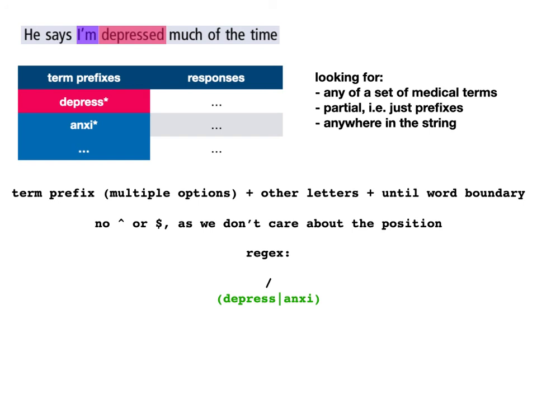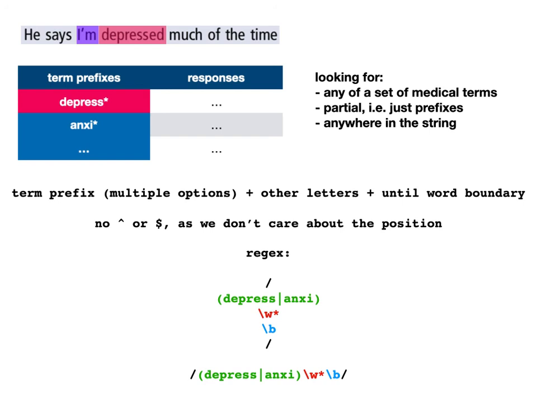So all the other letters that might come after that, and specifically the word letters. And then, how do we know the word has ended? We need it to end to make sure it's a word and not just random smashing on the keyboard. A word boundary. End it. That's our regex.